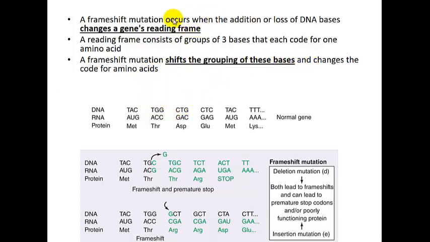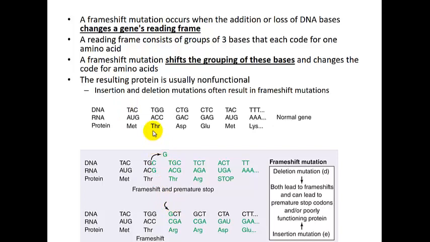So the main idea is that a reading frame can be shifted by adding or removing nucleotides, and as a result, we shift all of the amino acids resulting downstream from that position. So this is similar to a nonsense mutation in that it also results in a massive change in the protein, and almost always results in a lethal or non-functional protein.